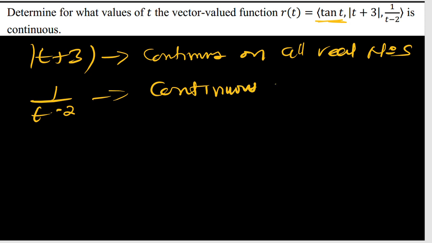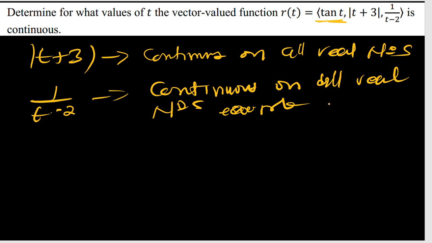So it's continuous on all real numbers except t is equal to 2. Now let's look at the tan. To be able to understand the range of values for which tan t is continuous, the best is to use the graph of tan t and see where there are breaks.